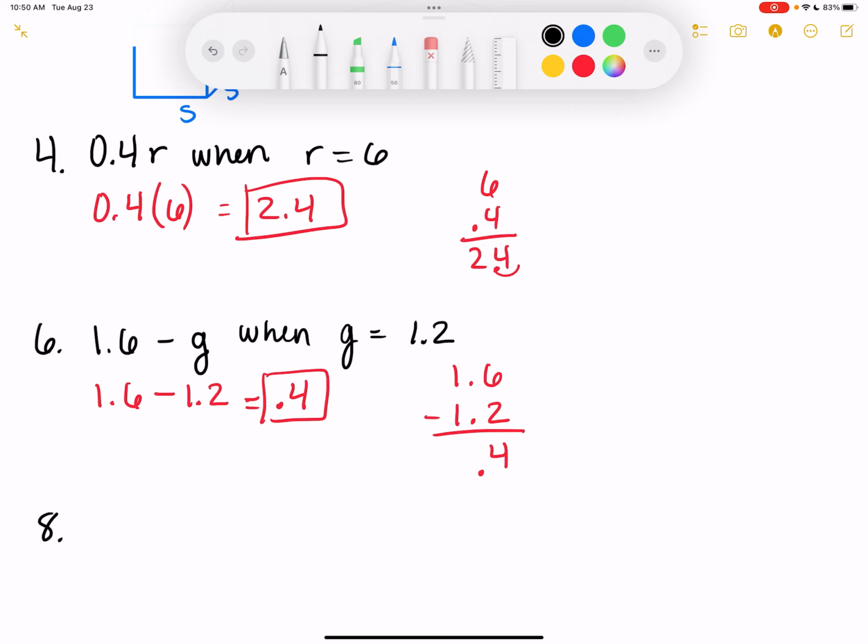All right, 8 is 0.8 plus h when h is equal to 3.7.